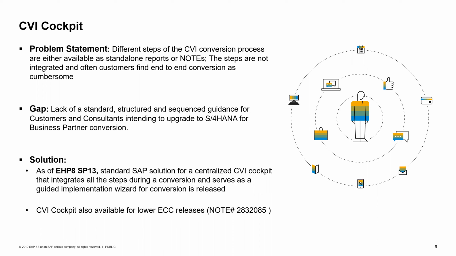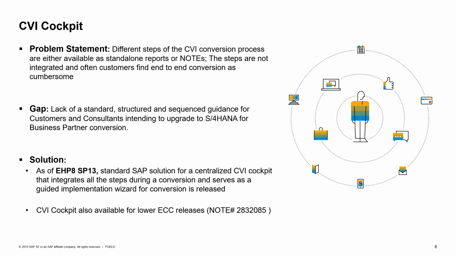So what we basically thought of is to offer a single guided cockpit, which will be delivered as part of the standard feature set, which basically clubs together in the intended sequence the right process components which are to be executed at a given point of time, and then runs into the synchronization phase, where you actually convert the customers and vendors and contact persons into business partners, followed by some additional features as well, which we are also going to look at in the upcoming slides to come.